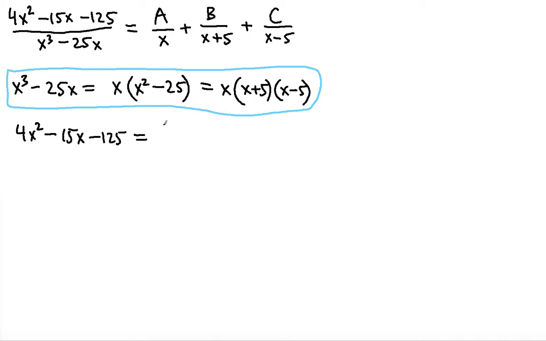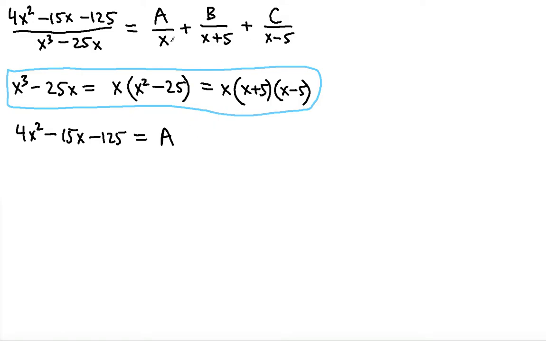So now basically what happens on the right side is that a multiplies all the factors except its own. And the reason for that is because when you multiply both sides by this denominator, you can think of it as this one instead of that one, because it's equivalent, it's just a different way of writing it, right? We took the x out. Notice that when a multiplied this, the x's would cancel out, right? So it would just multiply x squared minus 25, meaning it would multiply just these two factors, right?